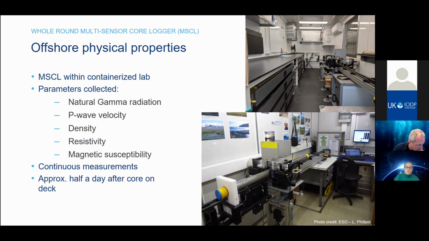We collect P-wave velocity and density data, so you can directly correlate with your pre-site survey seismic data, for example. And we collect resistivity data, so a first look into pore waters or pore fluids, and magnetic susceptibility data, which is a great way to correlate between different coring sites and multiple holes.